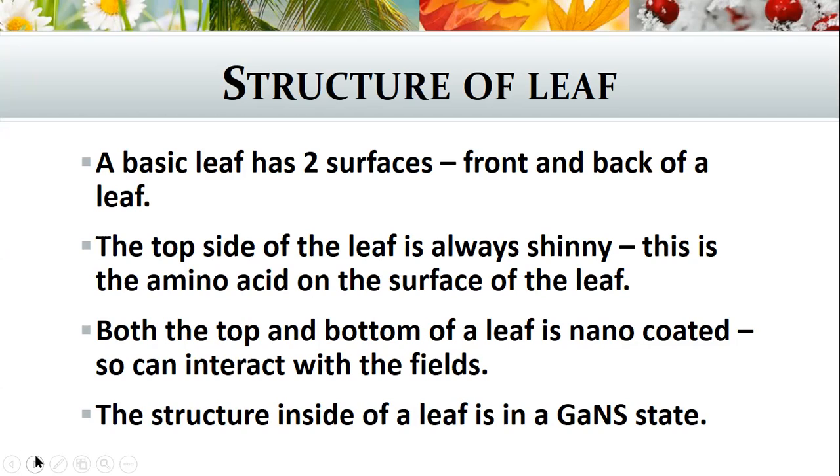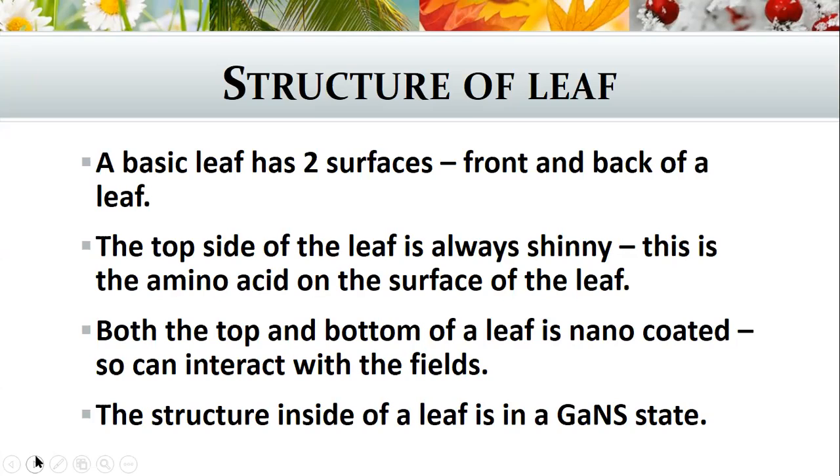But for today, we just look at the basic structure, and we know that it has two surfaces, the front and back of the leaf. Now, your top side of the leaf is always the shiny part. That's the one that's always exposing itself to the sunlight. And this is the amino acid on the surface of the leaf. So just like our CO2 box where the amino acid sits on the surface of our water, so the amino acid will collect on top of the leaf.